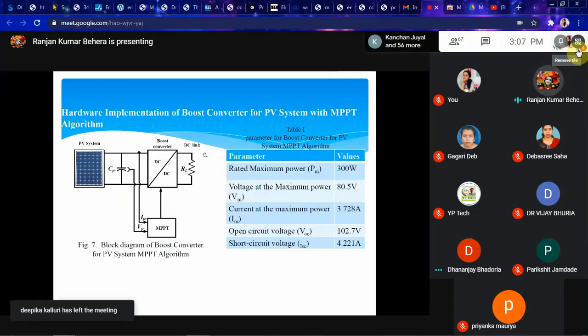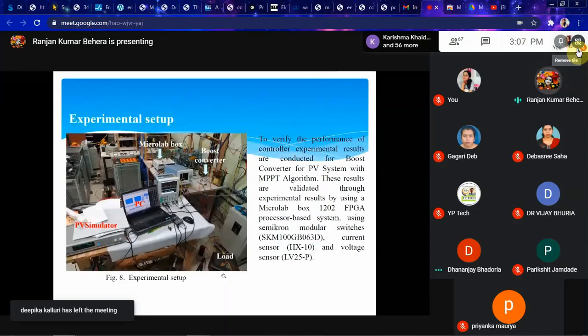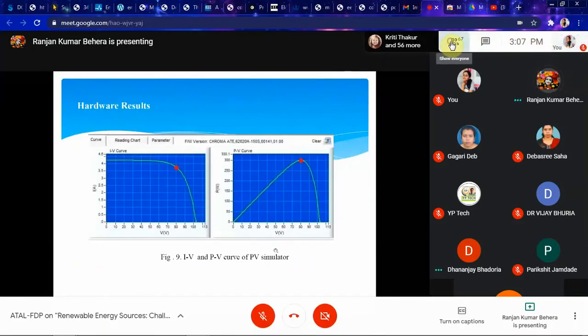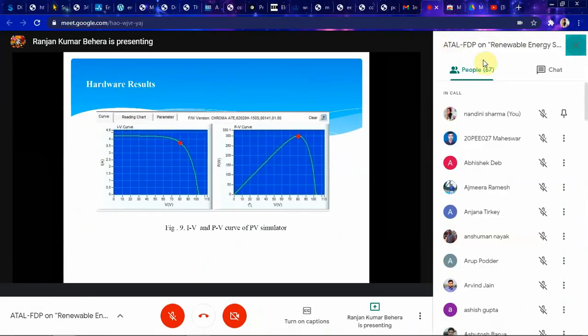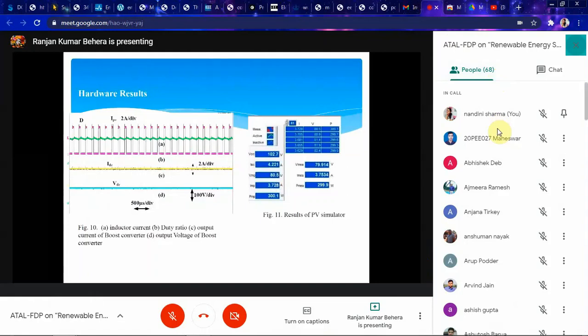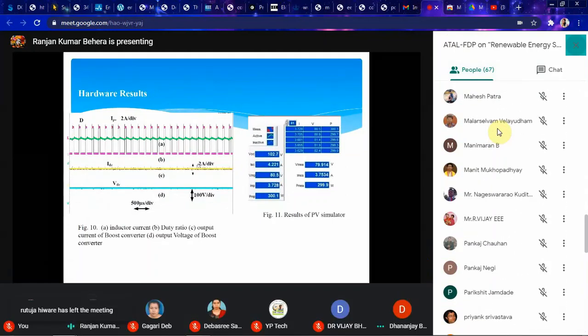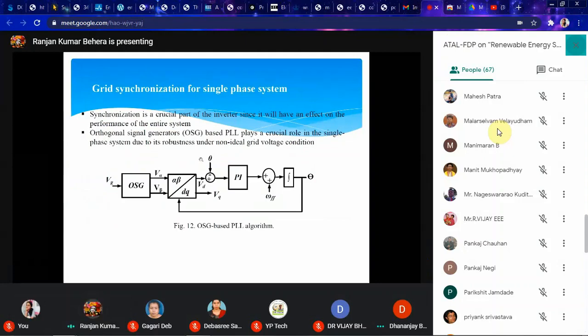And then we have a simple boost converter, and we design it with the load, and this is extended for our MPPT or PV curve, and then we have the hardware. You can see that this is the DC converter. Then you can see there is a phase lock loop for synchronization.